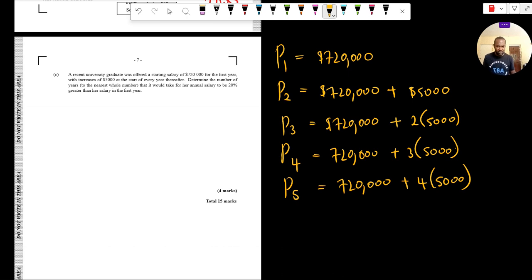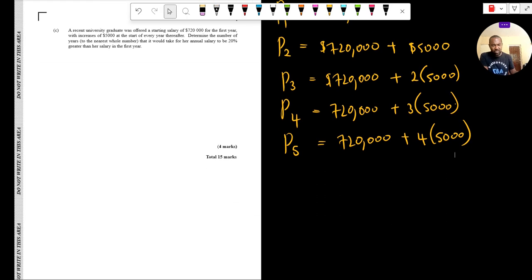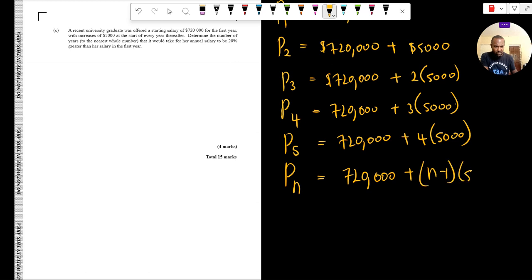So by now, we should start to see a particular trend for her salary at a particular year. So we can take a general formula and say that her salary after n years would be equal to the salary in year one, which is 720,000, plus n minus 1 times 5,000, right?